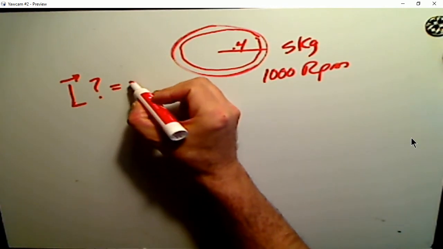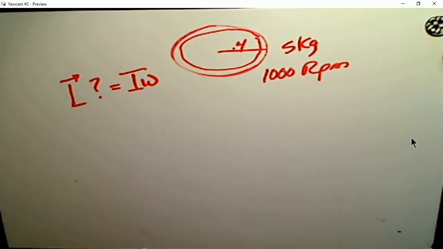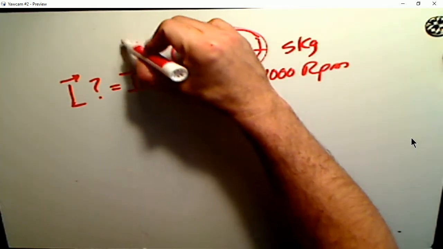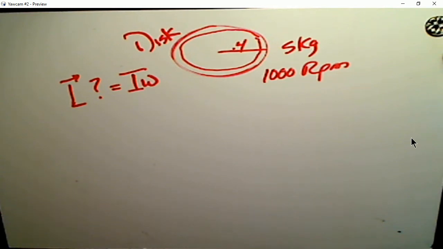Since we know it to be I omega, I'm looking at this disk and trying to figure out my variables. What do I got? Well, the first thing is this.